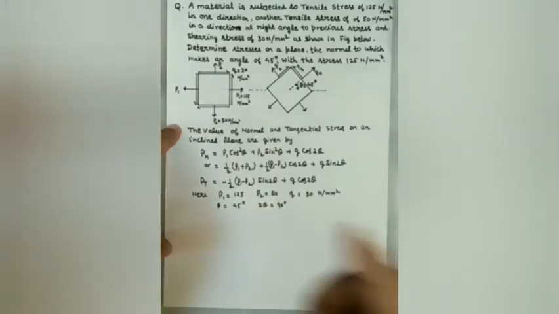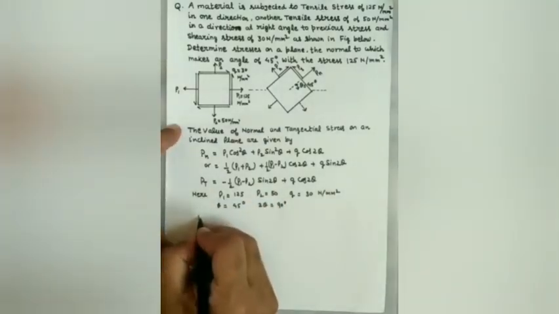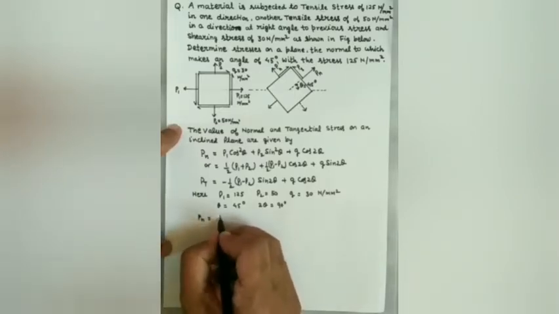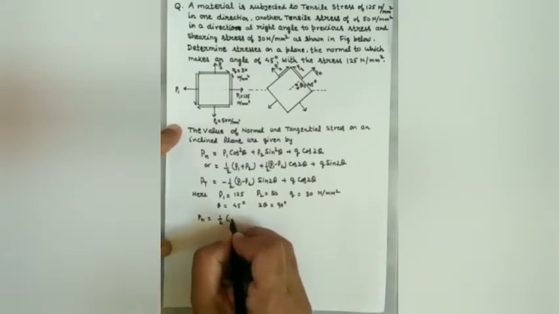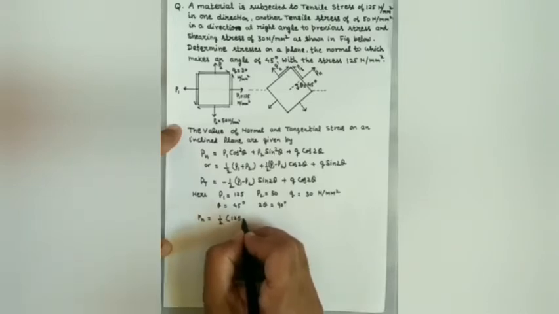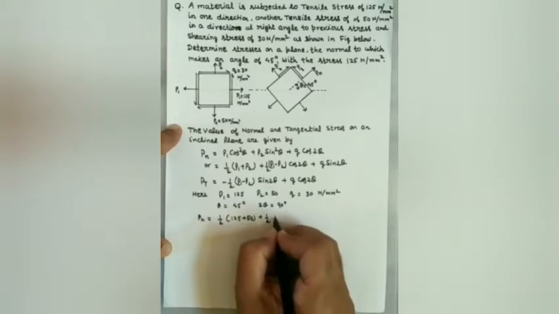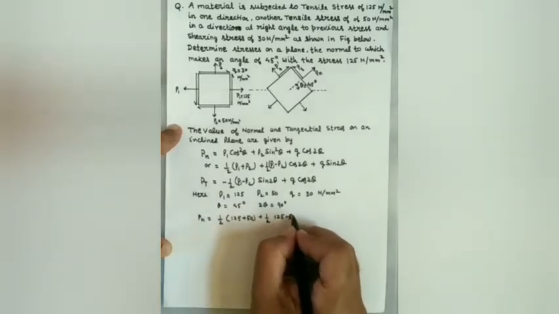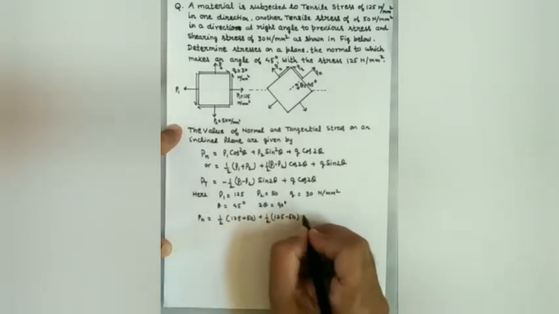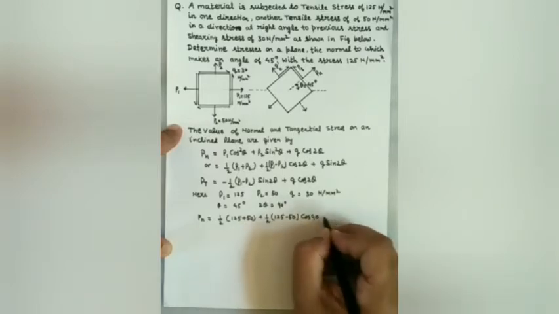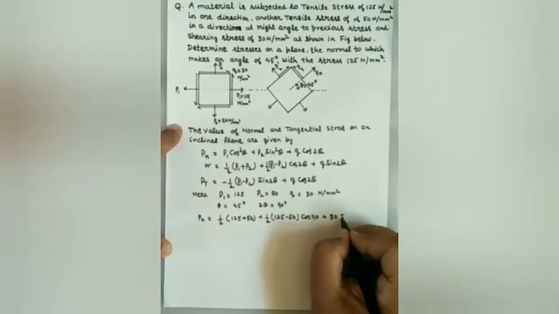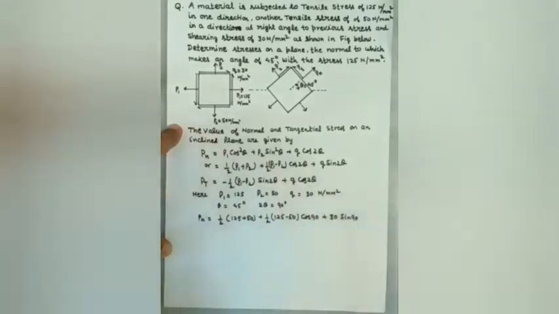Now calculating Pn, we have Pn equal to 1 by 2 (P1 plus P2), which is 125 plus 50, plus 1 by 2 (P1 minus P2), that is 125 minus 50, cos of 90 plus 30 sin of 90.